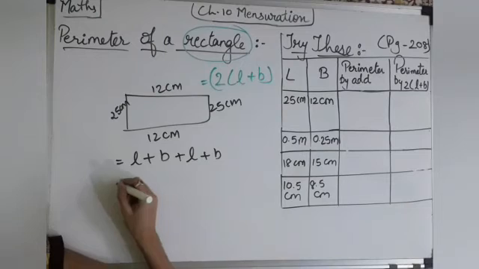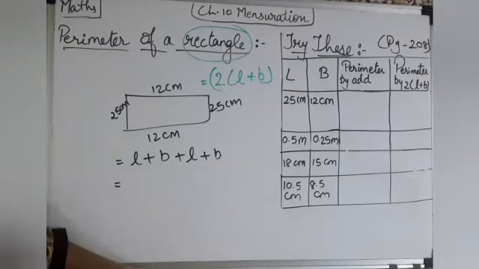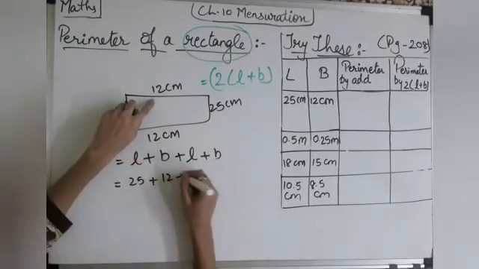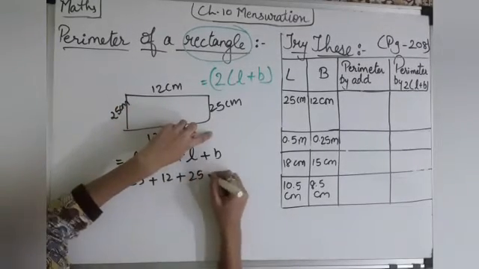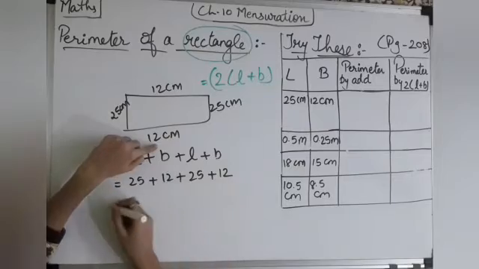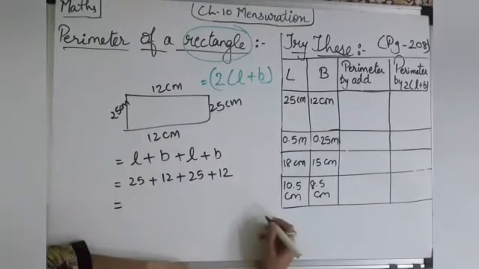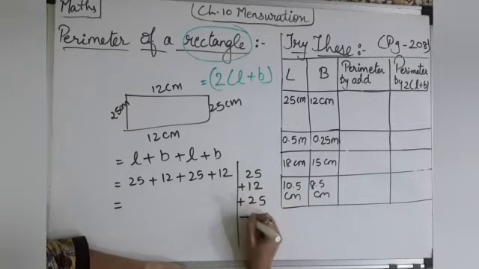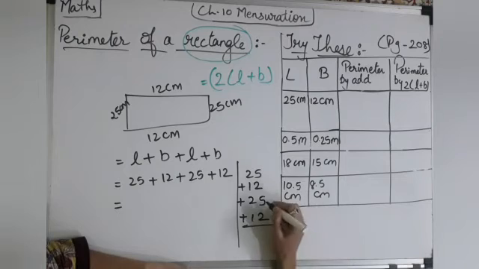Like this way I have written, so I'll put the numbers. Length is 25 plus 12 plus 25 plus 12. So we'll add it here.